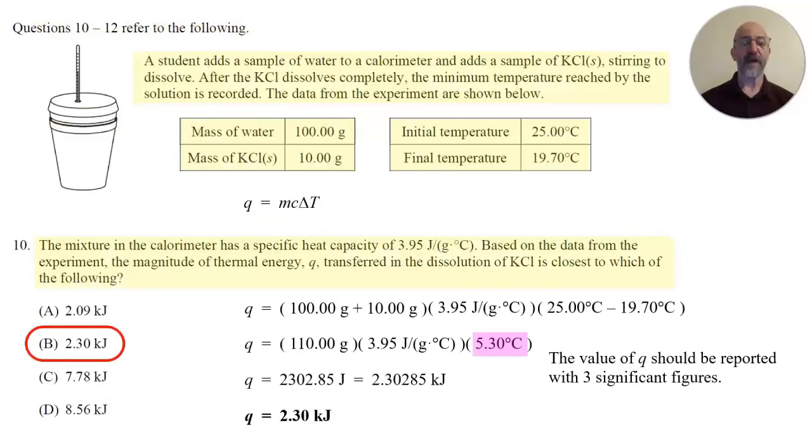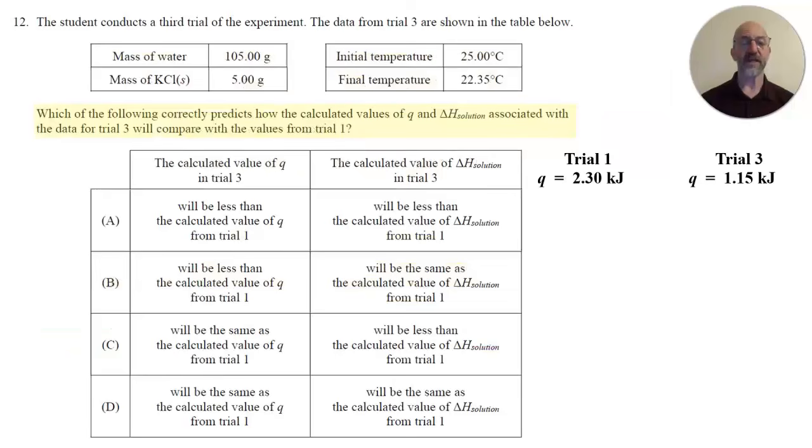Hopefully you can see that the value of 1.15 kilojoules in trial 3 would be less than the value of 2.30 kilojoules in trial 1. So we know that the calculated value of Q in trial 3 will be less than the calculated value of Q from trial 1. Let's go ahead and eliminate choices C and D because it's not the same as, it will be less than. So I'm going to go ahead and eliminate choices C and D.